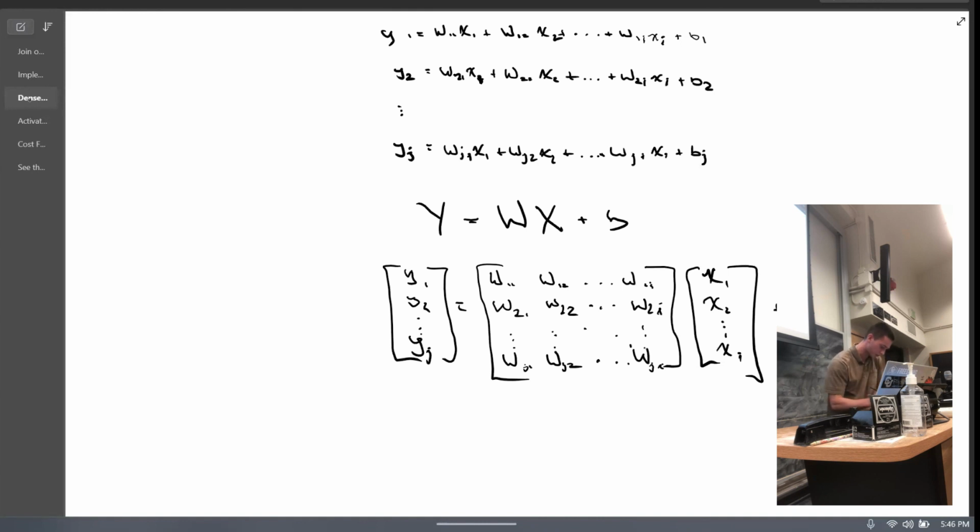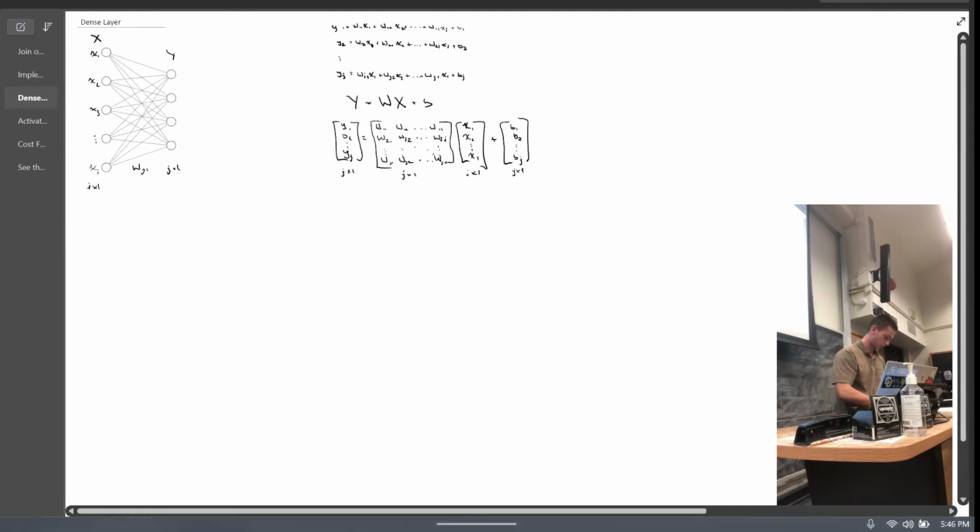To check the shapes: y is a j by 1 vector, W is a j by i matrix, x is an i by 1 vector, and the bias is a j by 1 vector. That all checks out.